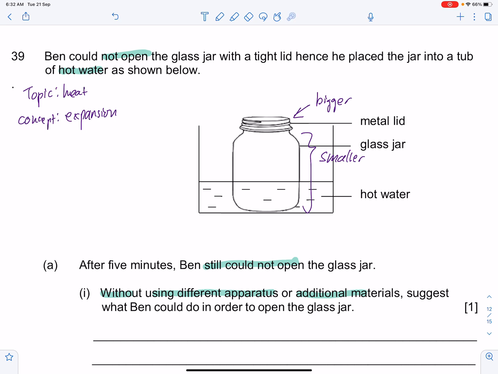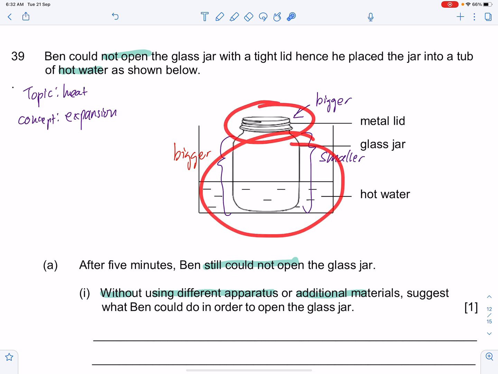But what he has done by putting the whole glass jar in is that he has expanded and made your glass jar bigger. You realize that this portion, which is in contact with the hot water, would have gained heat faster and expanded faster than your metal lid that is not touching the hot water. So in this case, he's making it even worse.